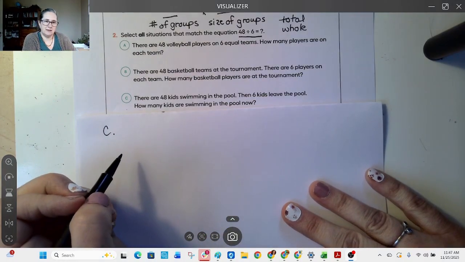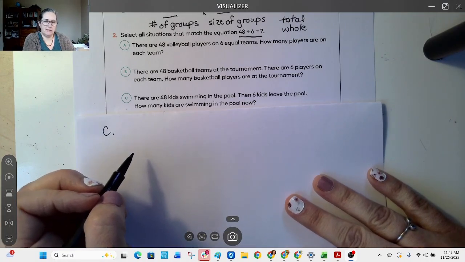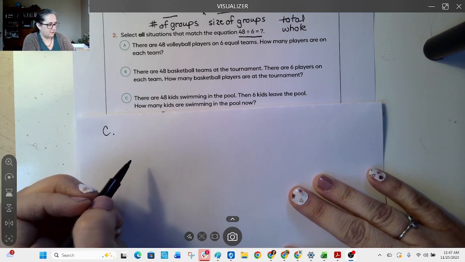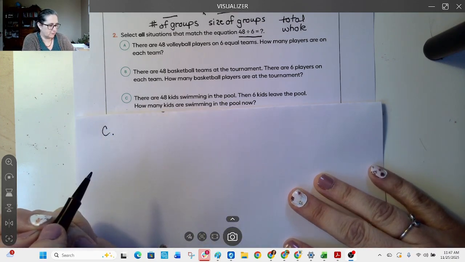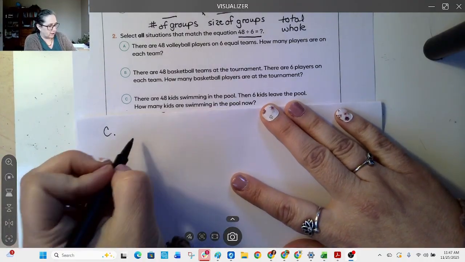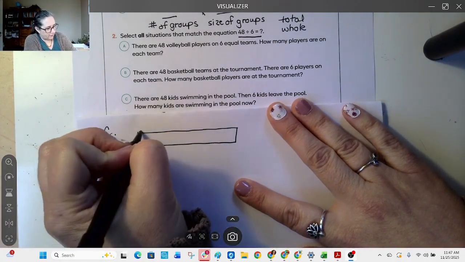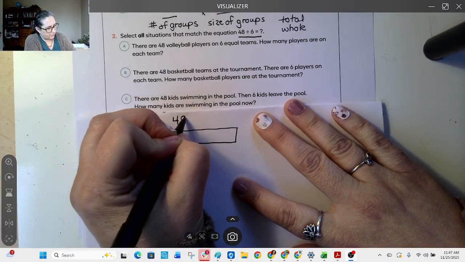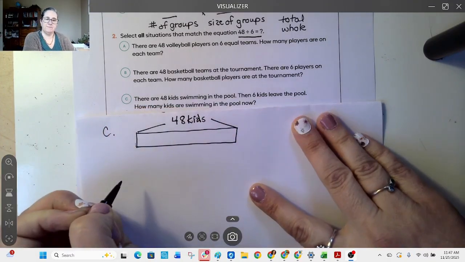C: There are 48 kids swimming in the pool, then 6 kids leave the pool. How many kids are swimming in the pool now? So the first piece of information we have is there are 48 kids swimming in the pool. So we can draw a tape, and we know that all of the kids in the pool is 48.